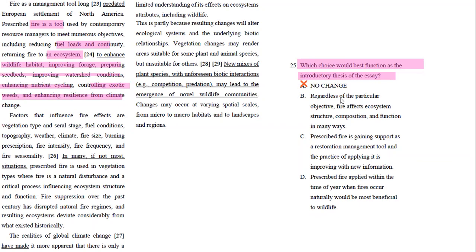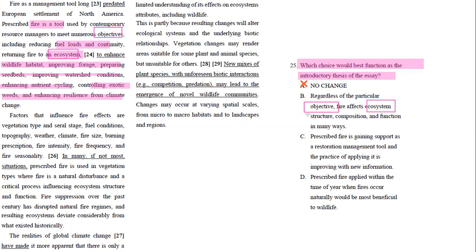B says, regardless of the particular objective, fire affects ecosystem structure, composition, and function in many ways. This is giving me the main idea of the paragraph. It's talking about the objectives of adding fire, and then it talks about the ecosystem, which is mentioned over here.